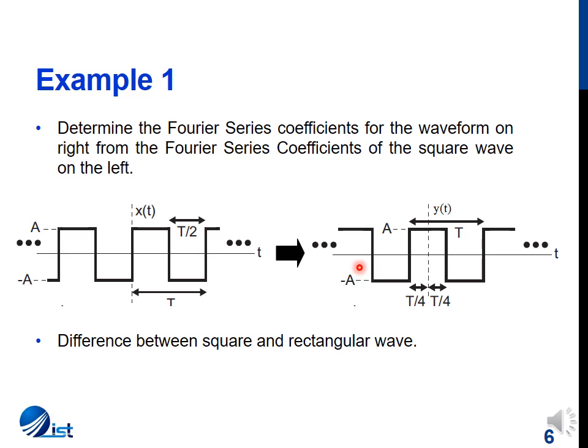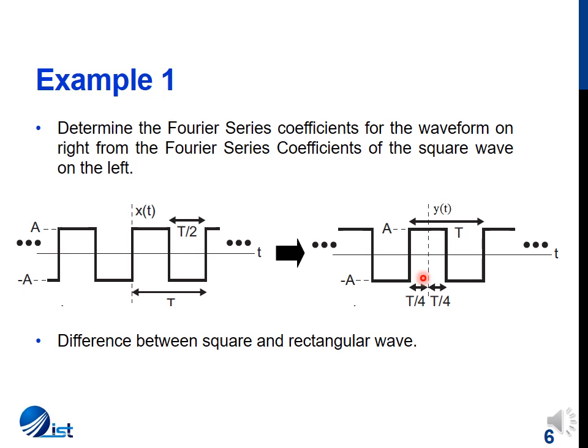We have to determine the Fourier series coefficients for this waveform from this waveform. Observe that I have used a square wave for both these waveforms. Why? Because for both these waveforms, the positive amplitude and negative amplitude existed for an equal amount of time over a time period.